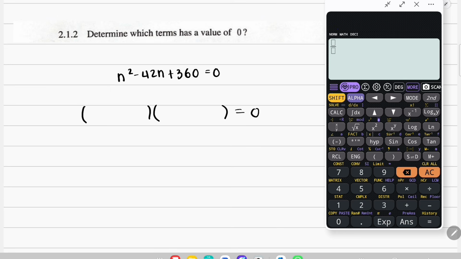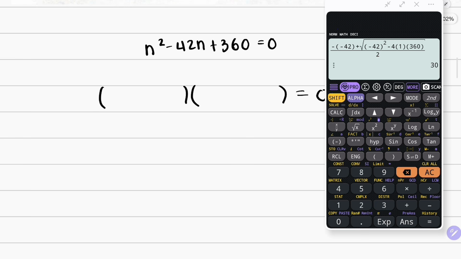So we're going to pull up our quadratic formula and say negative b, so that is negative 42, plus minus the square root of b squared, negative 42 all squared, minus 4ac, so a is 1 and c is 360, all over 2a, so that's 2 times 1. Okay, so we see that the first value for n that we get is n equals 30.